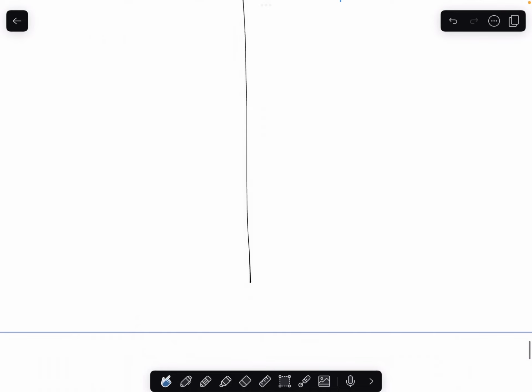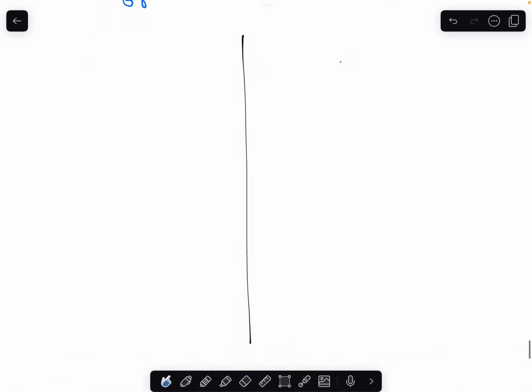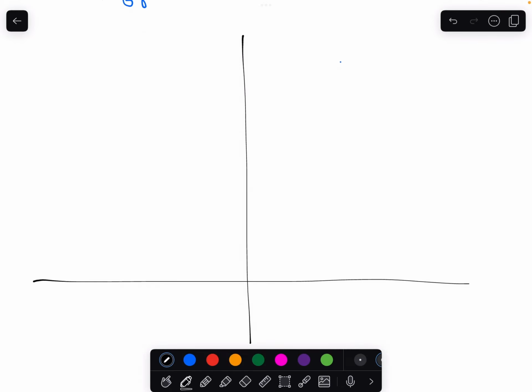Okay, a lot of the action is happening above the x-axis, so I'm going to give a lot of space to that. Then we know that at minus root 2 over 2, a point of inflection occurs. At positive root 2 over 2, another point of inflection occurs. And then somewhere else, we have a turning point.